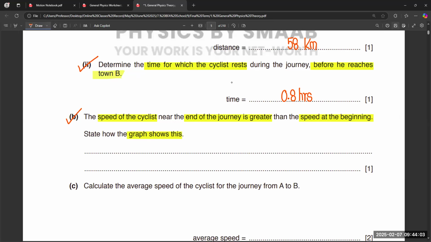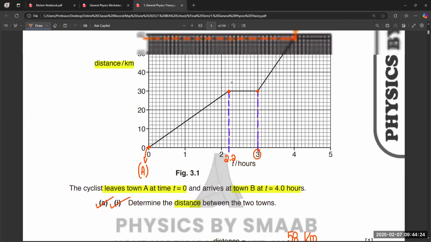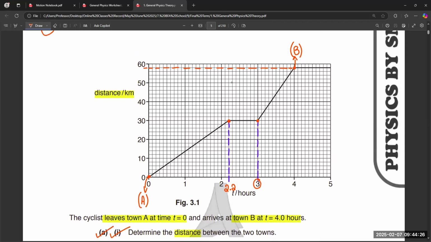So from the graphical representation, you need to show this difference: how we can identify from the given graph that the speed near the end of the journey is greater than the speed at the beginning.